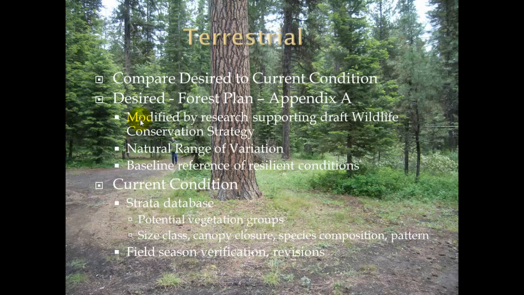The current condition, the part that has been revised based on the field data, was derived from the Strata database, and this, combined with potential vegetation groups, considers tree size class and canopy closure as major attributes in evaluating the extent to which the project area has been degraded, damaged, or destroyed. Species composition is also a factor to consider, as well as the pattern of the stand conditions across the landscape.